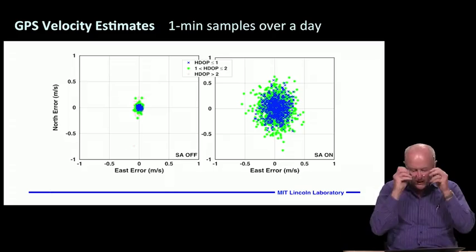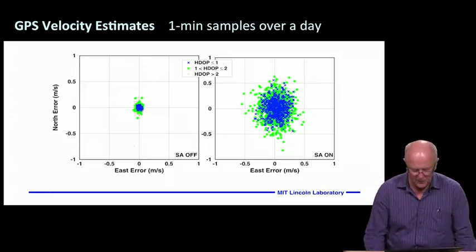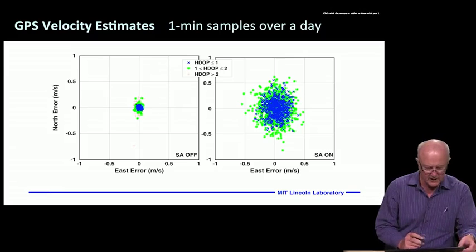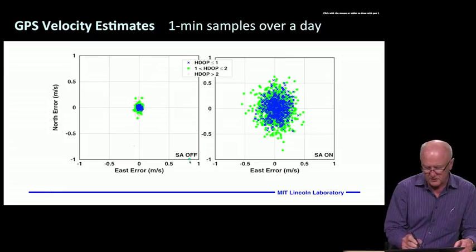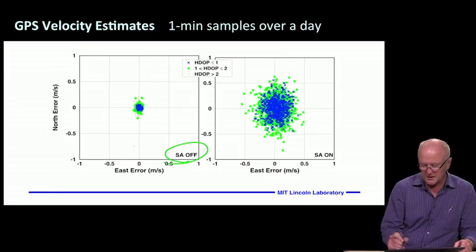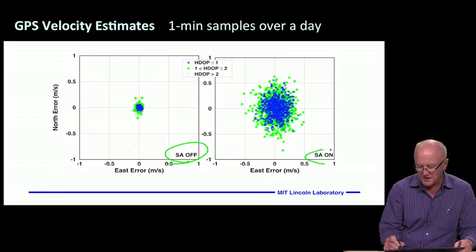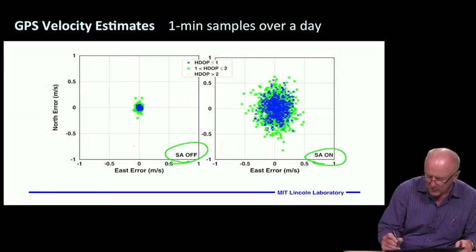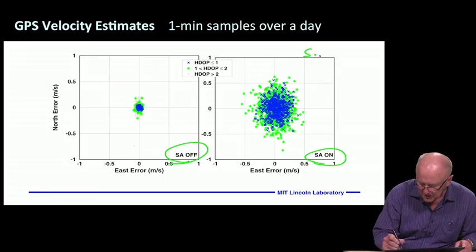Note that the performance here is very good in terms of velocity. And if we look at the scatter, once again organized by selective availability off or selective availability on, selective availability was the name of this intentional degradation that we talked about earlier.